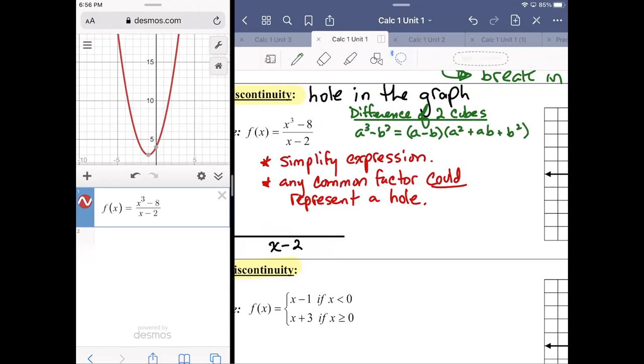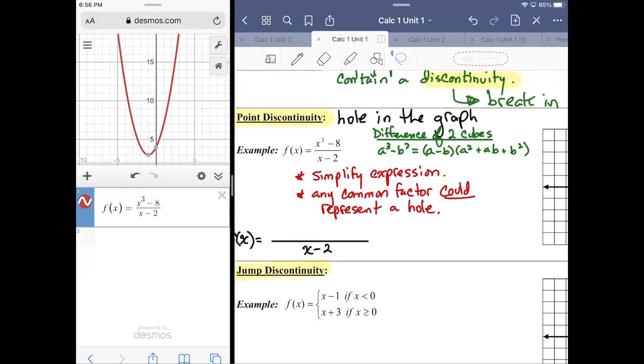All right. That's something from early college algebra, but doesn't always come up, so it's easy to forget. All right, but if I follow that model, I'd be looking at x minus 2 times x squared plus 2x plus 4.